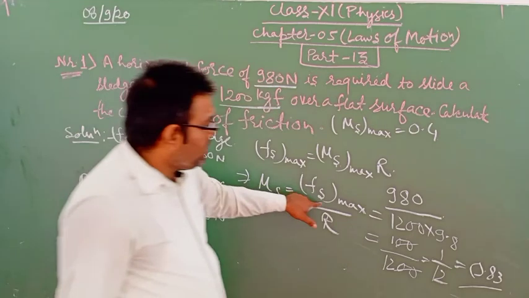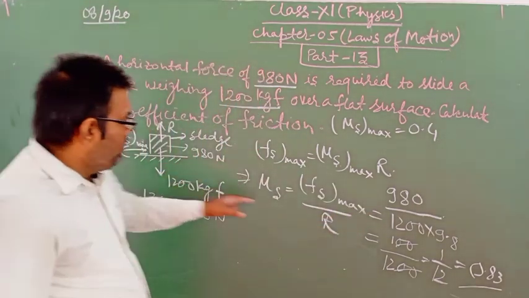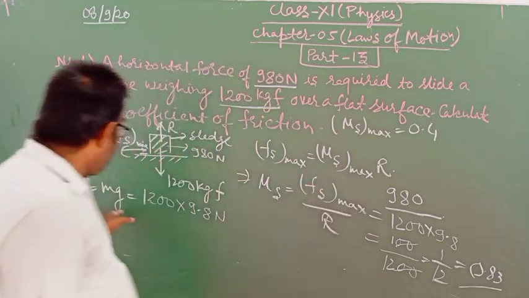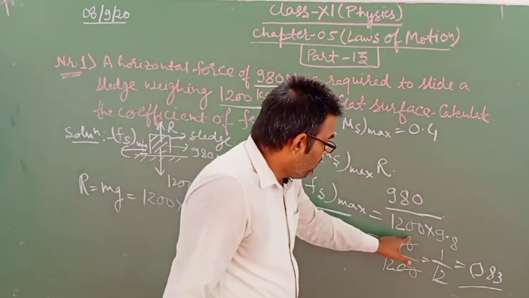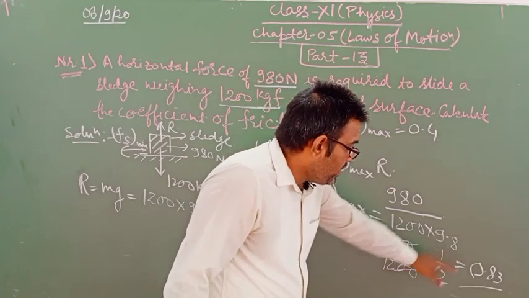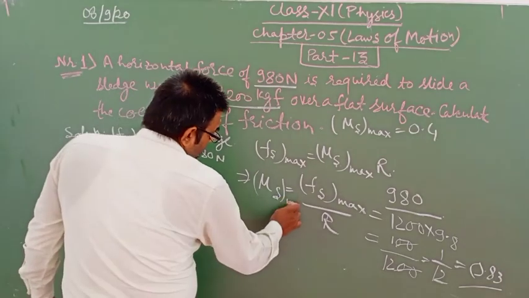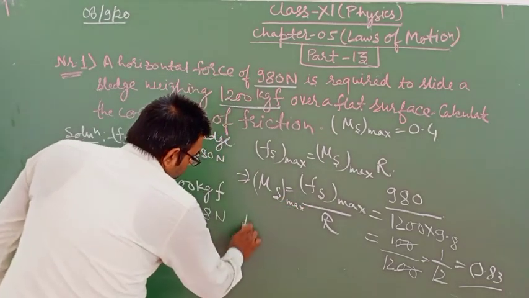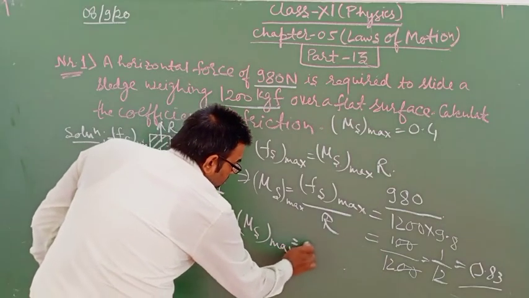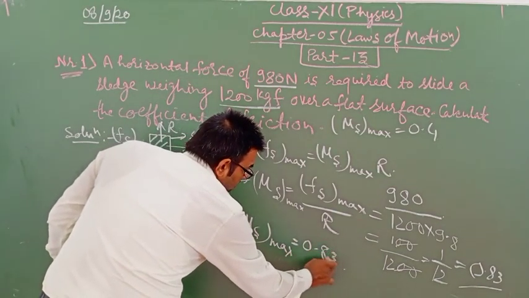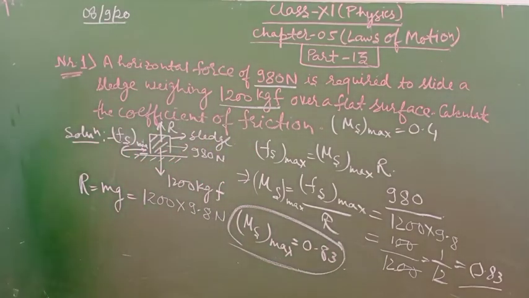So we replaced Fs max with 980 Newton, and normal reaction R is equal to mg. So mu s max is equal to 0.8.